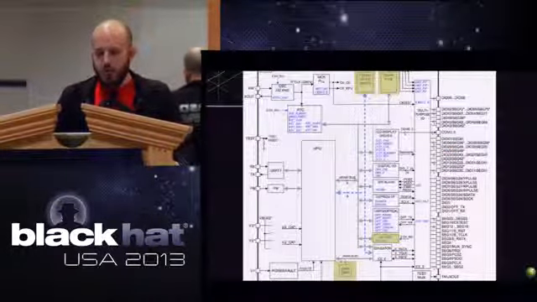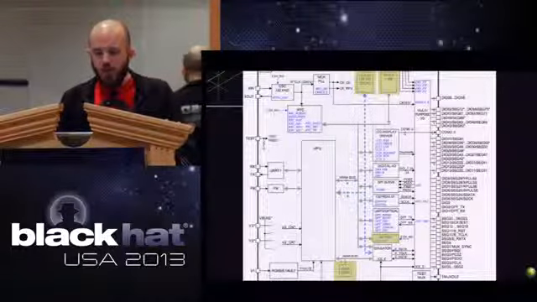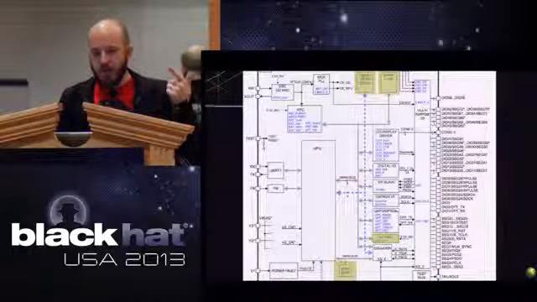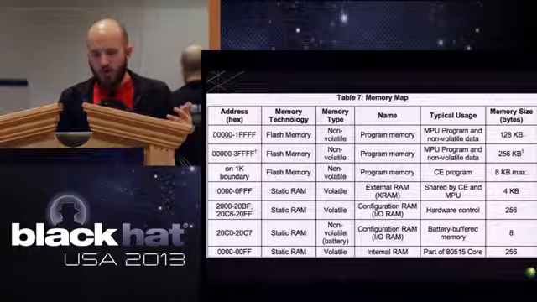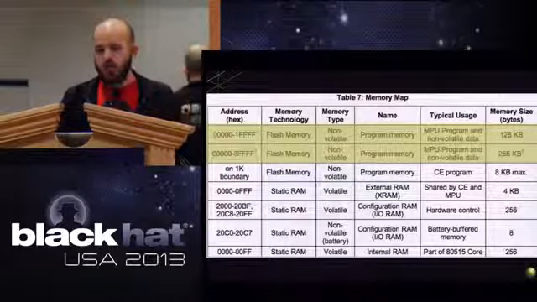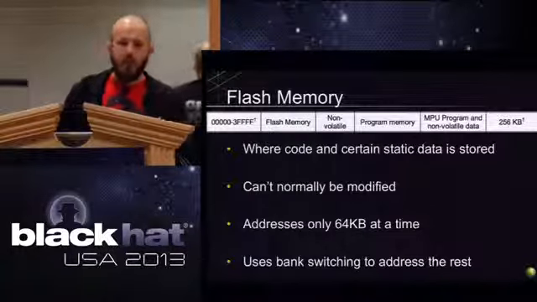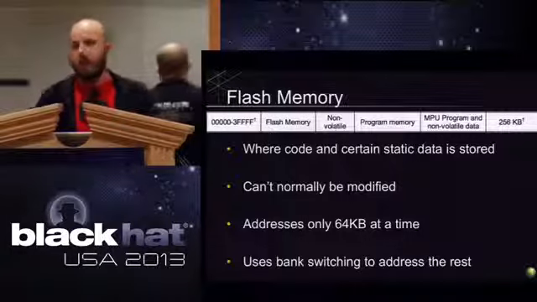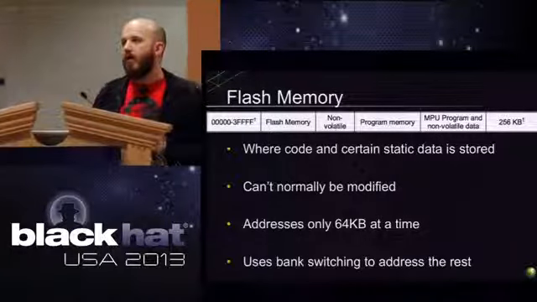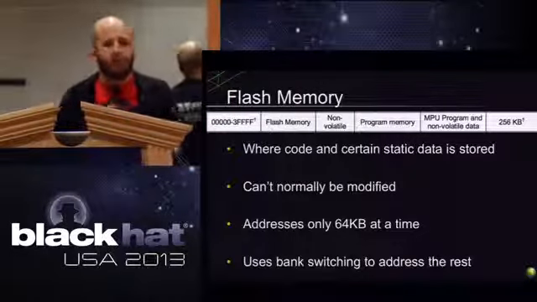Okay, so let's talk about memory. We've got four basic different types, and we really only care about three: flash, external RAM, and internal RAM. So a memory map: where is flash and what does that look like? This is where code and occasionally static data is stored. If you're writing this kind of code, you want to be putting things like keys in here, for other reasons we'll talk about later.